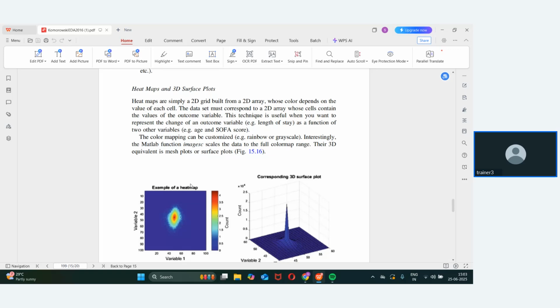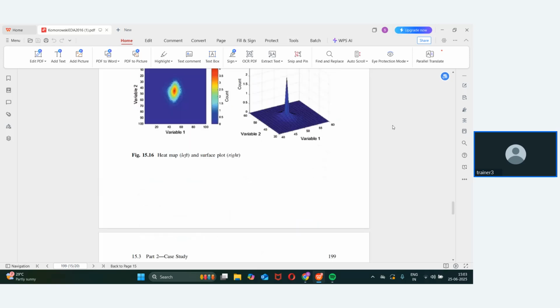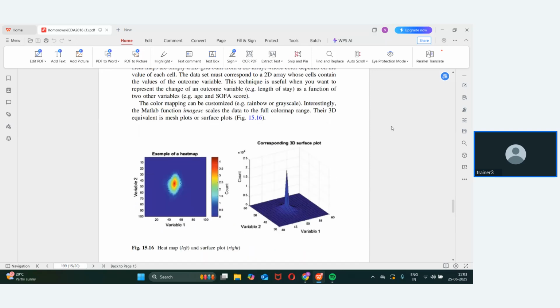This technique is only useful when we want to represent the change over time of an outcome variable. Color mapping can also be customized, like using rainbow or grayscale. So this is heat map and scatter plot.